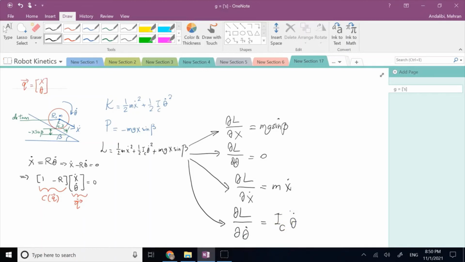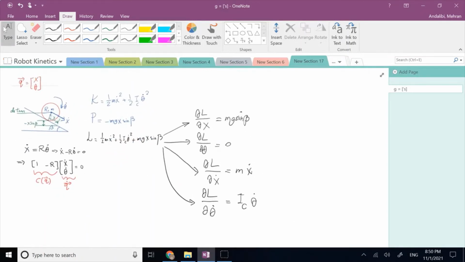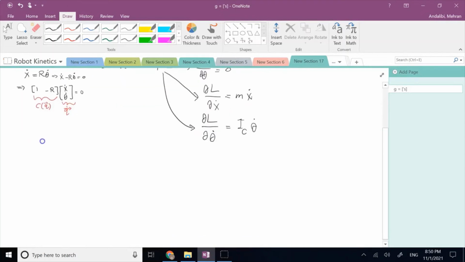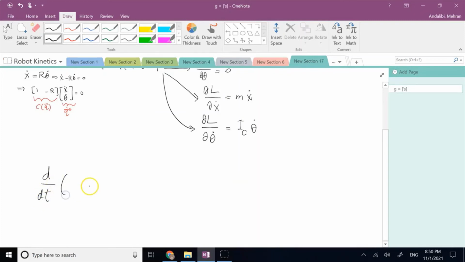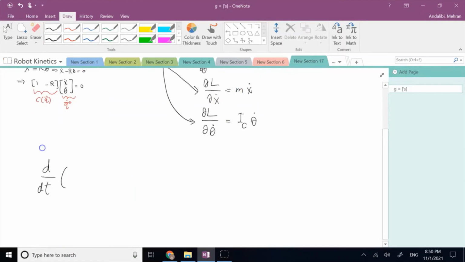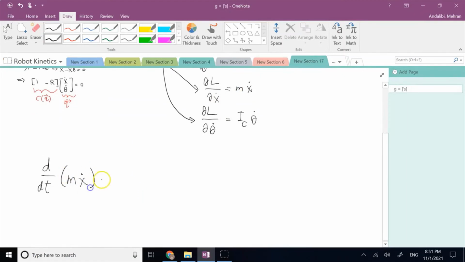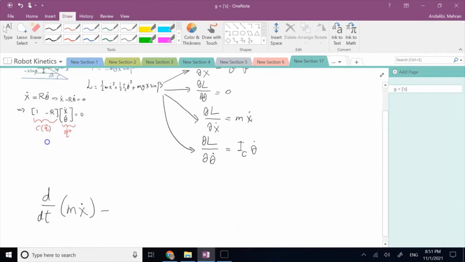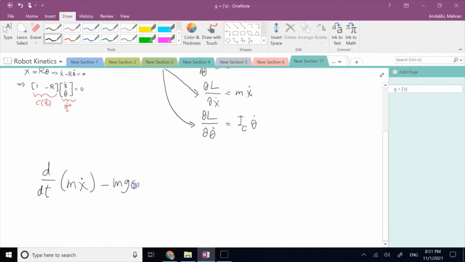Good, so I calculated all of my partial derivatives, and now I'm going to use my Euler-Lagrange equation modified for the Pfaffian constraint. That will give me d over dt of partial of L with respect to x dot, which is mx dot, minus partial of L with respect to x, which is mg sine beta, is equal to, plus the constraint term, of course, equal to q of x.